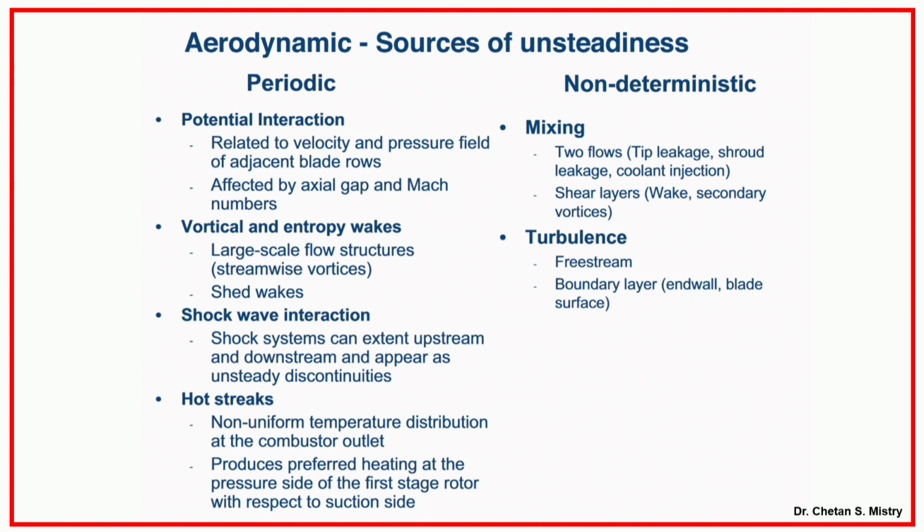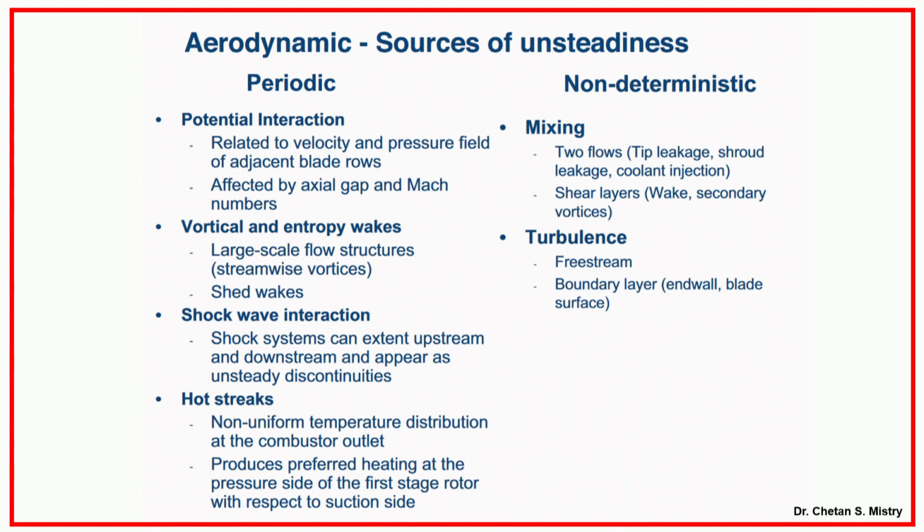Now, in overall sense, the aerodynamic sources of unsteadiness in the turbine are classified in two ways: periodic and non-deterministic. In terms of periodic, there is potential interaction, which is related to the velocity and pressure field of adjacent blades, and is affected by the axial gap and the Mach number.